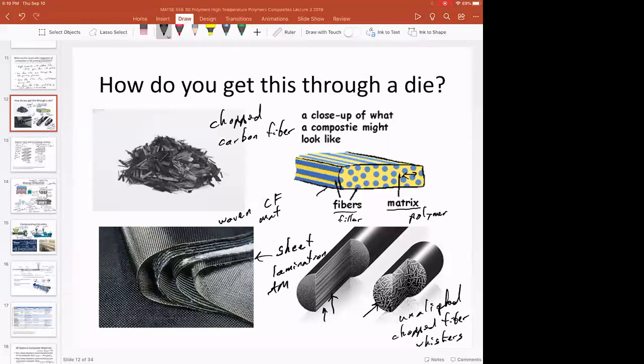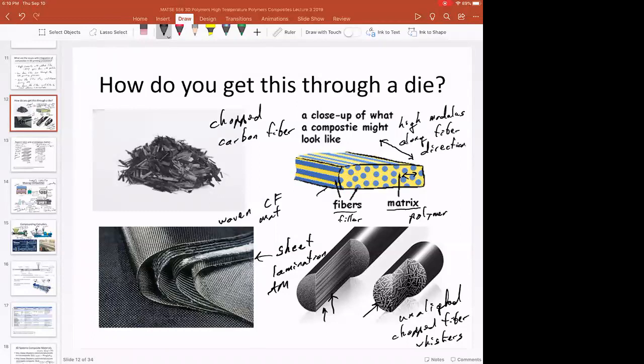And so a composite material might be strong or high modulus along the fiber direction.